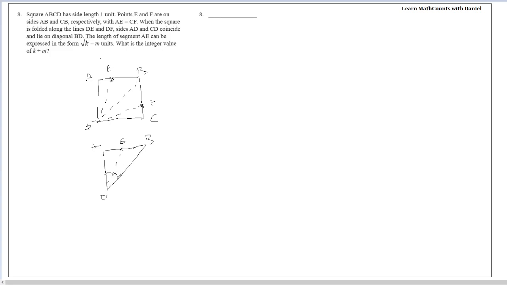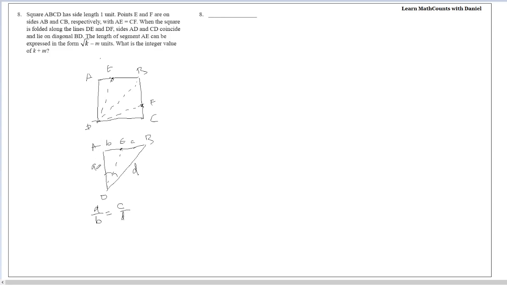And the theorem you really need to know for this is the angle bisector theorem, which says that if we have lengths A, B, C, and D, with this angle bisector here, then we always have that A over B equals C over D. So let's put that theorem to use.